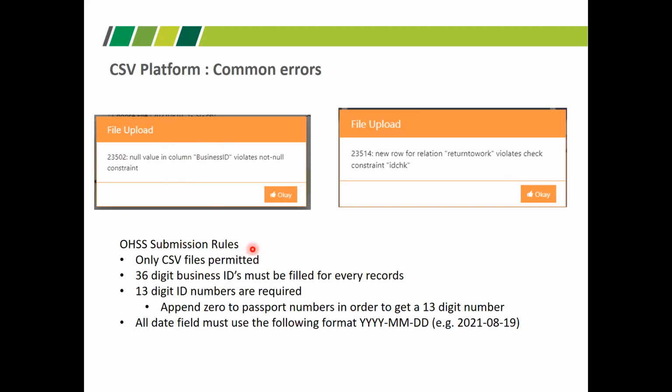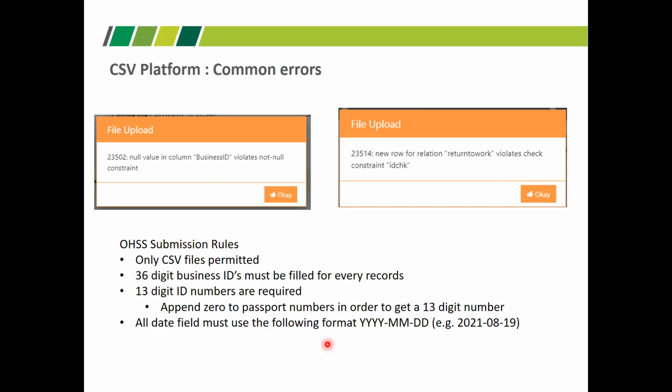As Lesedi mentioned, the system does check if it's a 13-digit ID number, but again, as mentioned before, it does cater for passport numbers. This is where you would append zeros to a passport number to ensure that it conforms to the 13-digit character requirement.